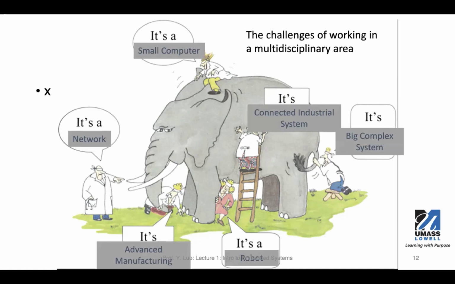So in the CPS design, you may see that this is a small computer if you only look at the computation part of this design. Or you can say, oh, this is a networking issue if you are only concerned about how this device connects to the internet. You may think about, oh, this is a robot.